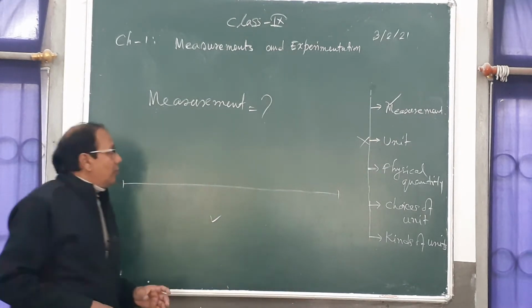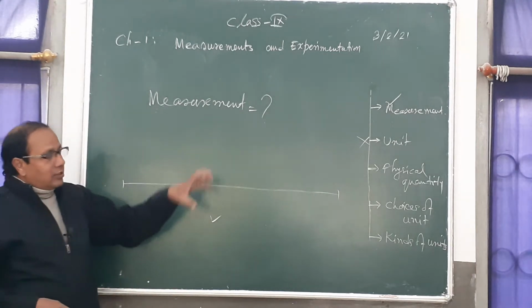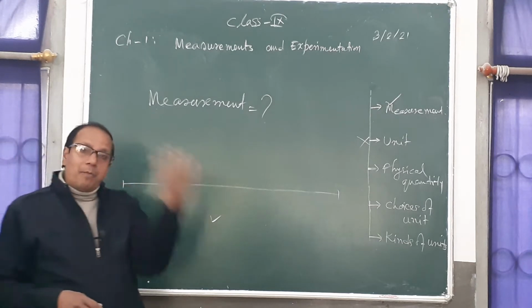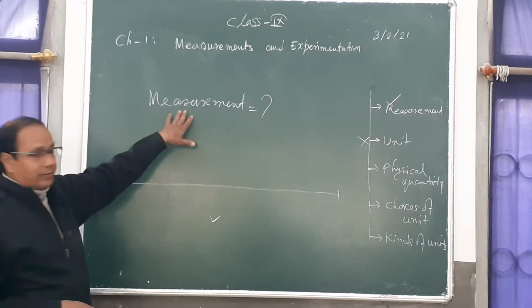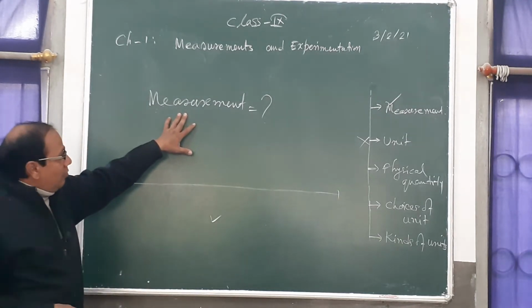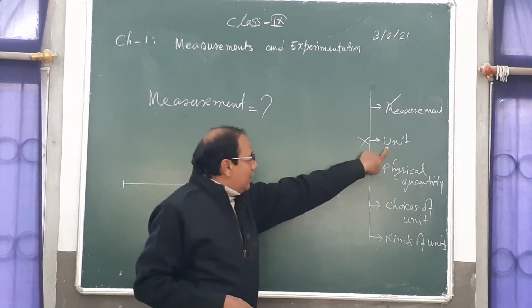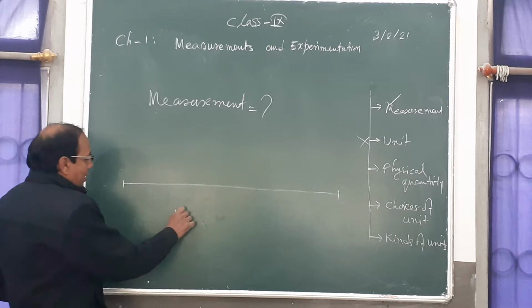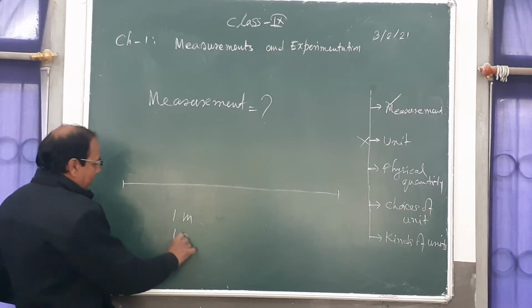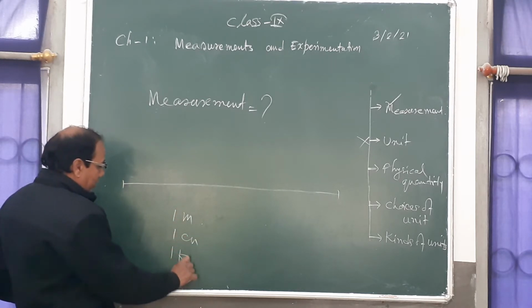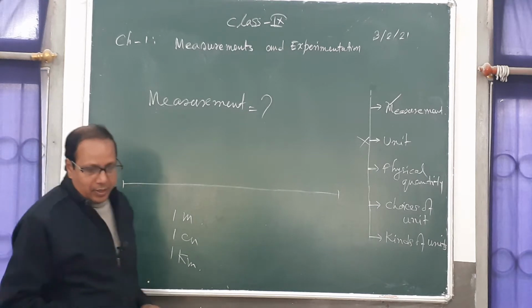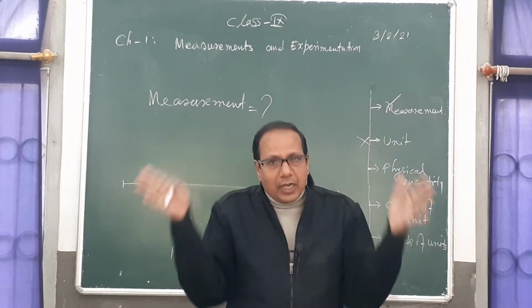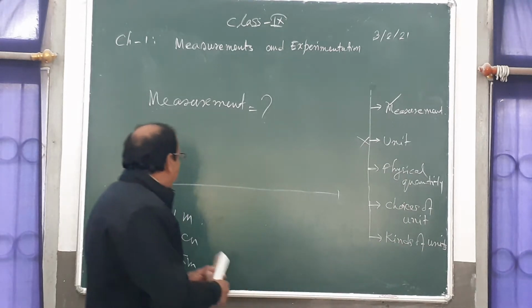So what is a unit? Unit is a standard quantity which is used to compare or to measure, right? So here we will be talking about units. Unit can be 1 meter, 1 centimeter, 1 kilometer, right? To measure any physical quantity, we need two things.